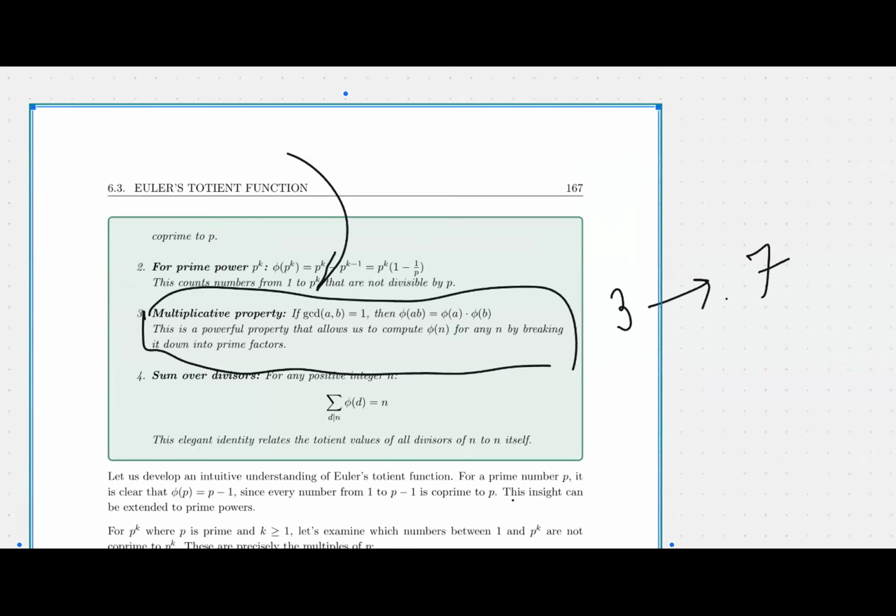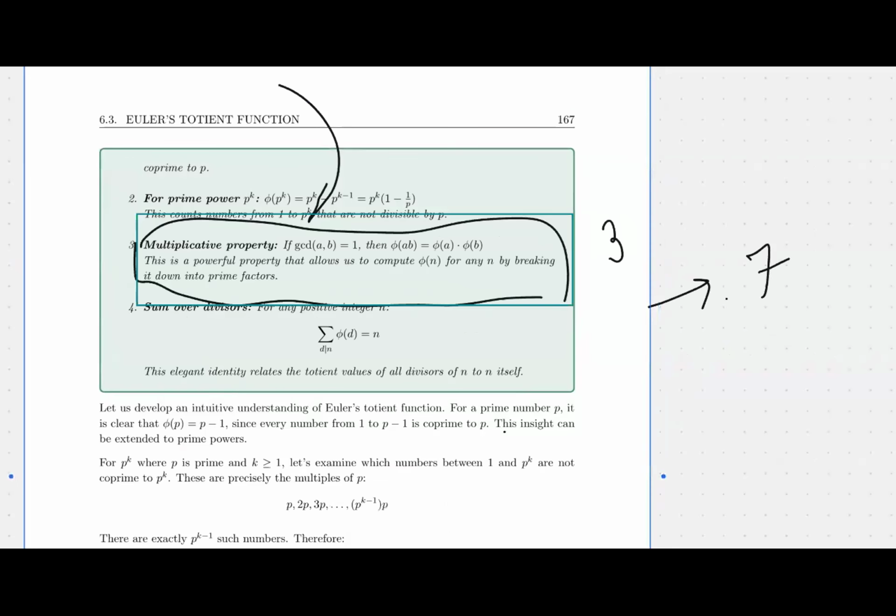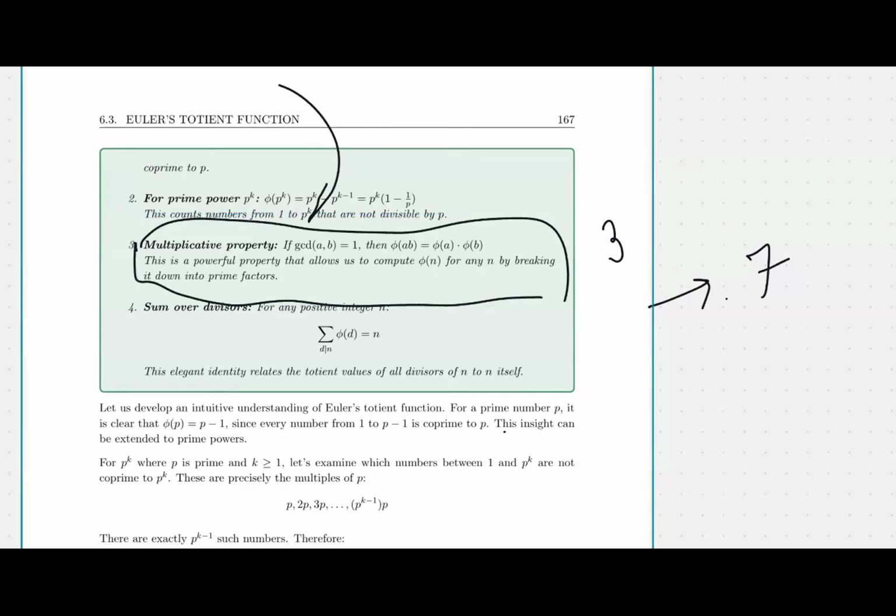Yeah, so the idea is 3 is co-prime to 7. But 3 is also co-prime to, let's say, 5. Right?